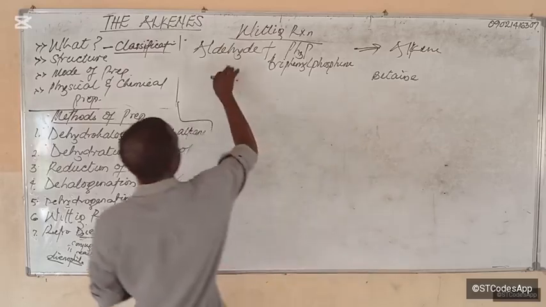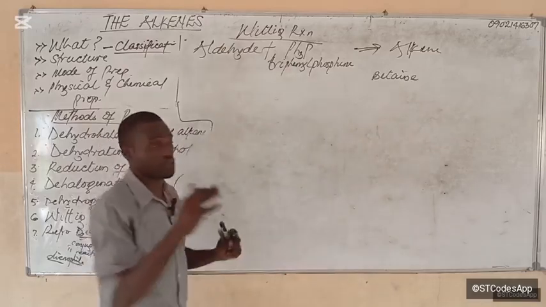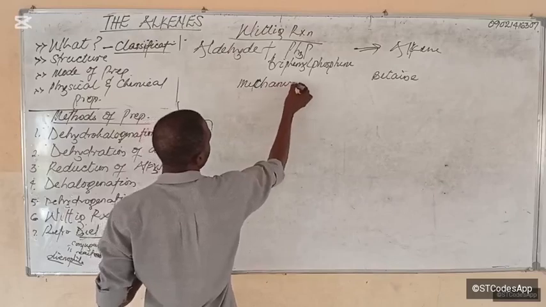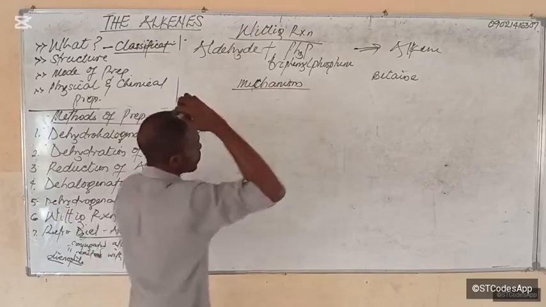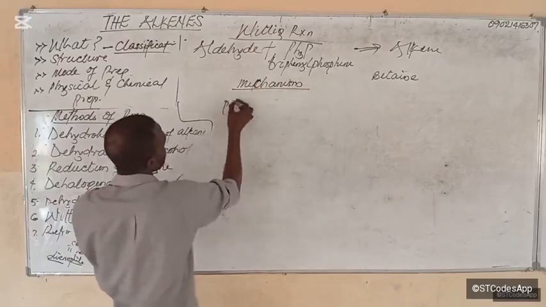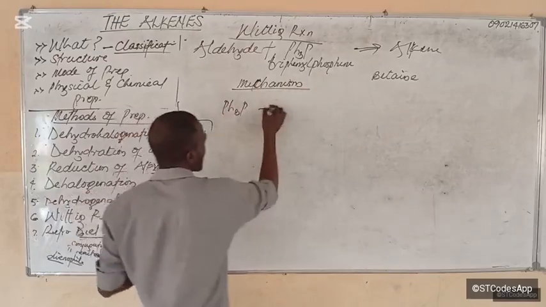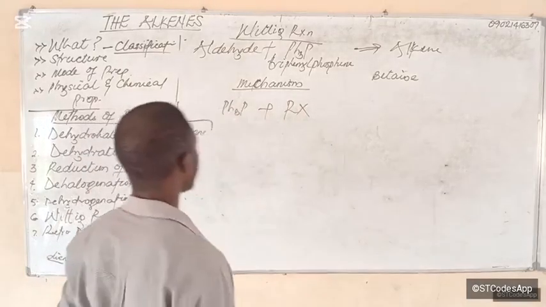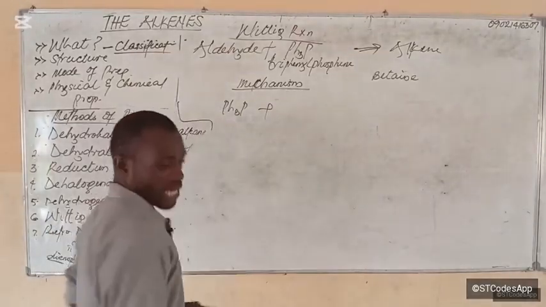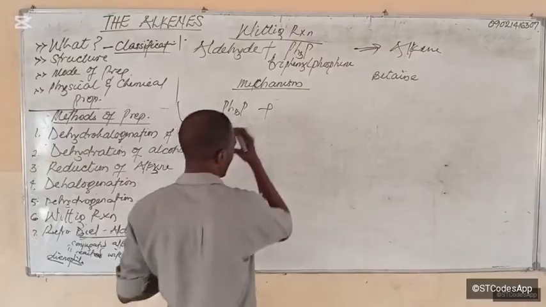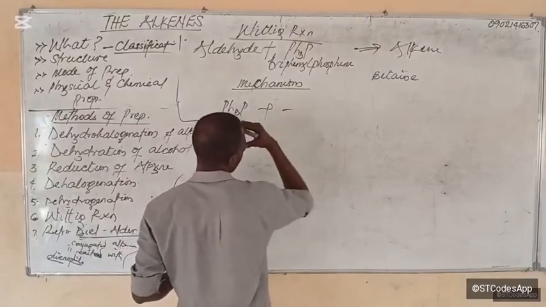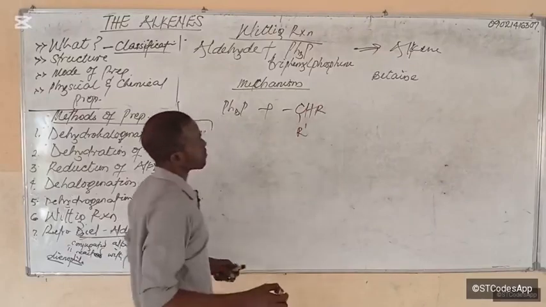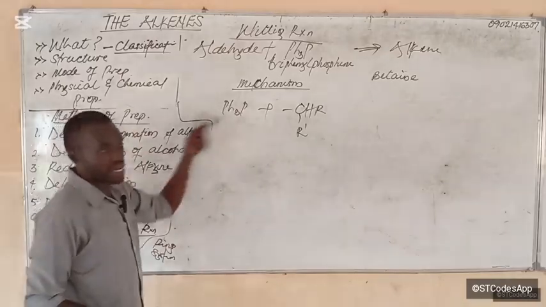So an aldehyde will react with this, but let me write the mechanism, the way it proceeds. A triphenylphosphine will first react with an alkyl halide. Let me use my alkyl halide to be something like R', CH, CH2, X. This is the alkyl halide.